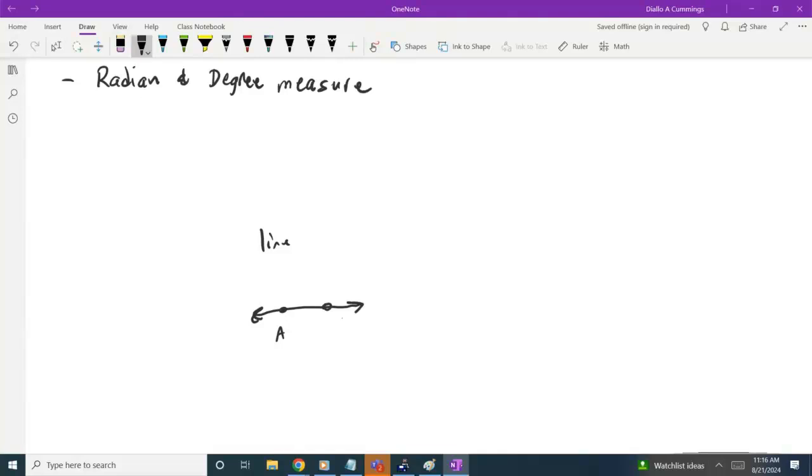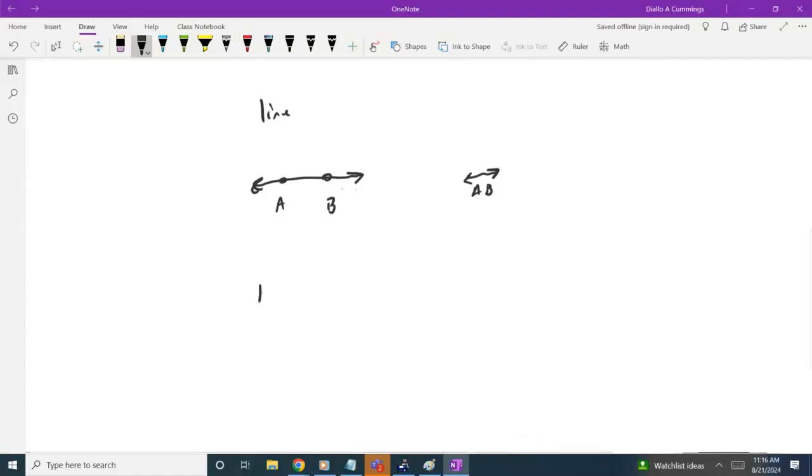So I'm going to give this point A, I'm going to give this point B. So I can call this line AB, and you don't see any of this stuff in this course. Like above AB, you're going to see that line with two arrowheads. A line segment stops.